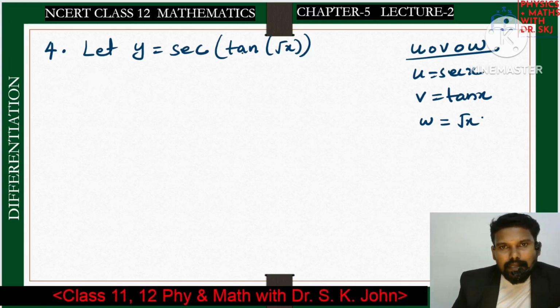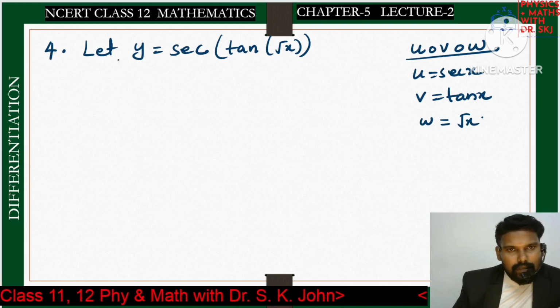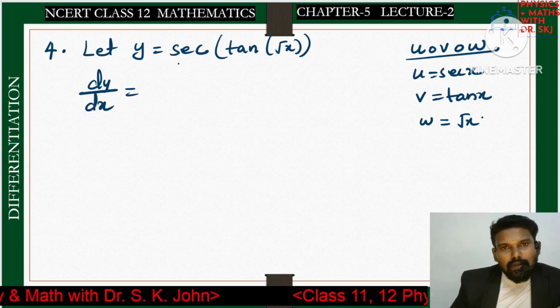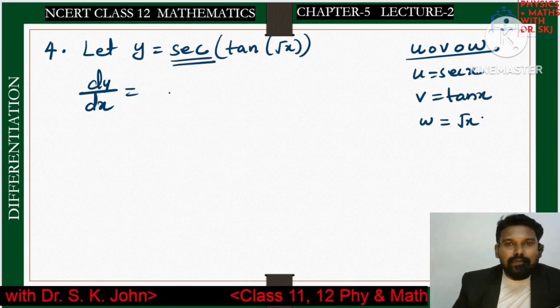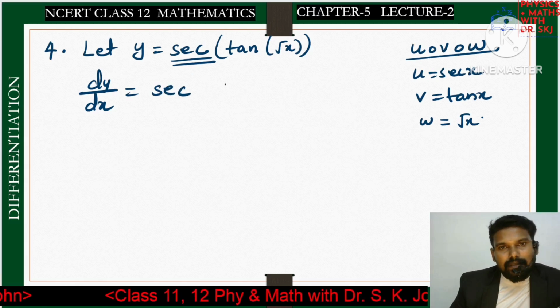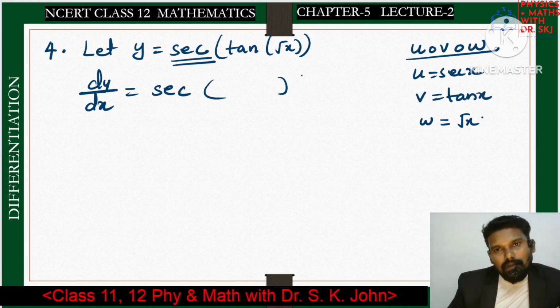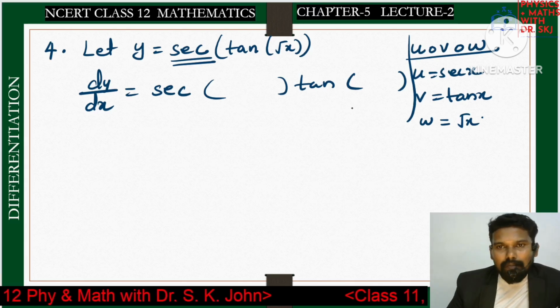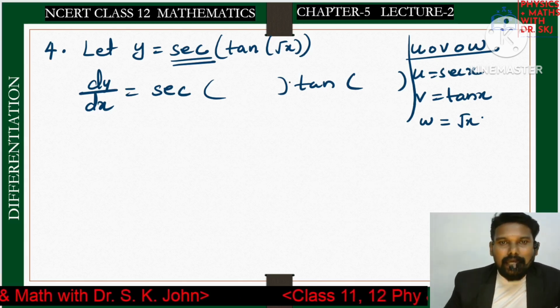Let y is equal to sec of tan root x. dy by dx is equal to, for sec, what is the derivative? The derivative of sec x is sec x tan x. If it was x, it would be sec x tan x.